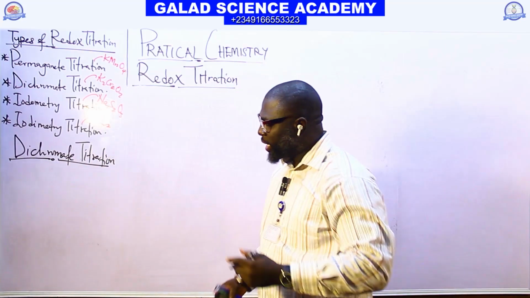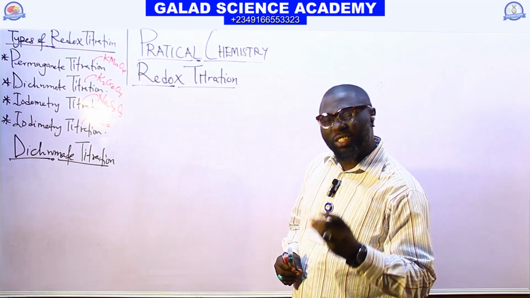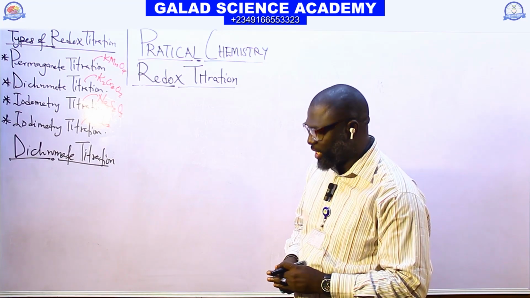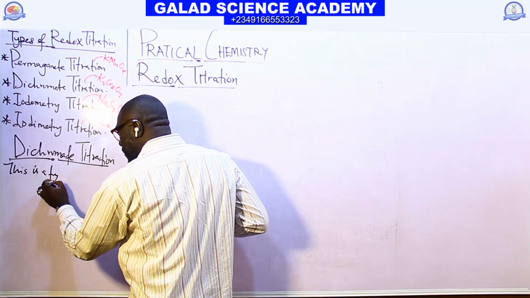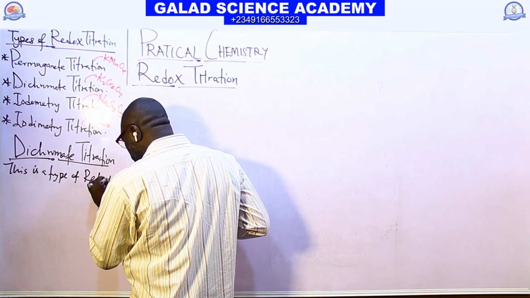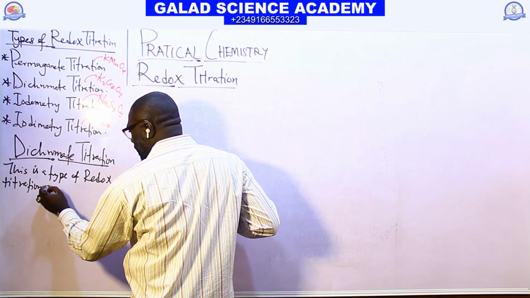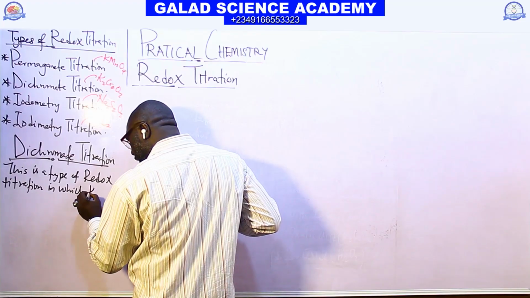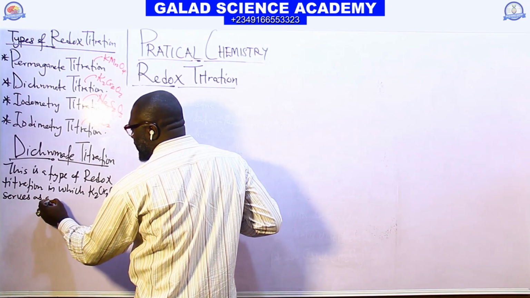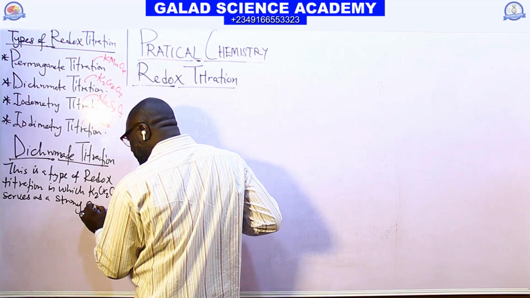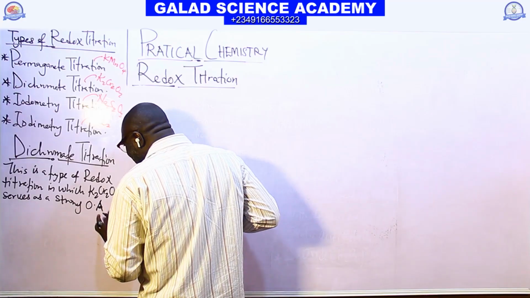In dichromate titration, K2Cr2O7 is used as a strong oxidizing agent, don't forget, particularly in acidic medium.